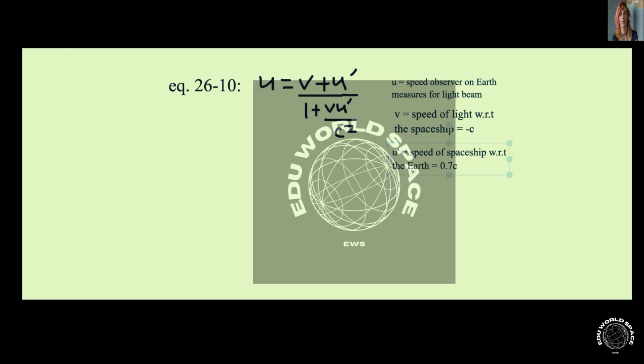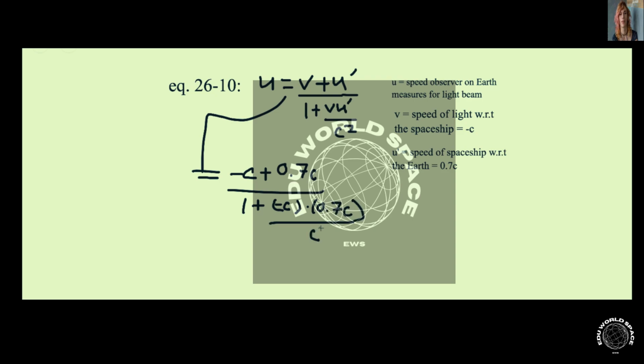And now we can just plug in numbers to check whether or not this actually is c. So v is negative c. U prime is 0.7 times c. And then you have 1 plus negative c over here times 0.7 c over c squared.